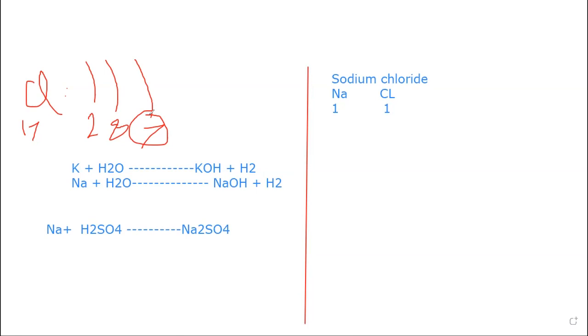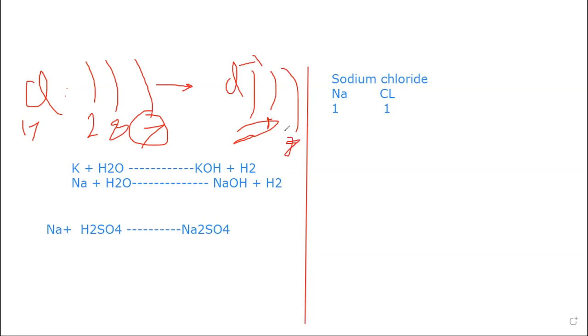During the chemical reaction, to be more stable, this atom will gain 1 electron to convert into chloride ion, and the structure of this ion becomes 2, 8, 8.